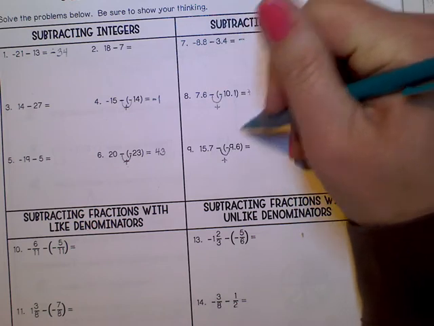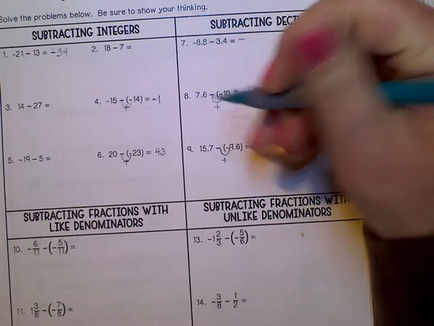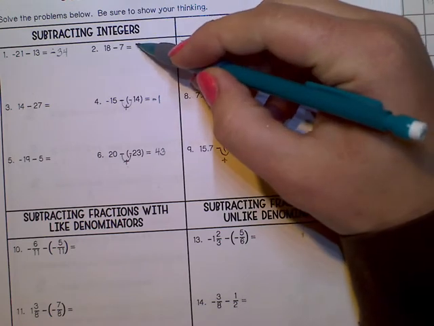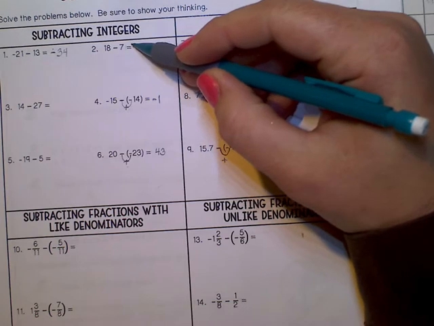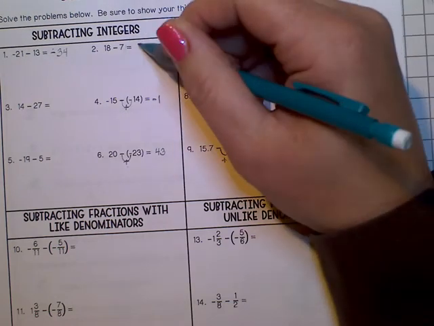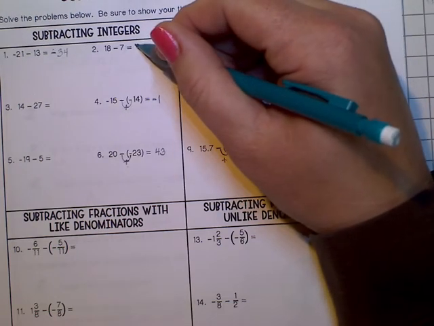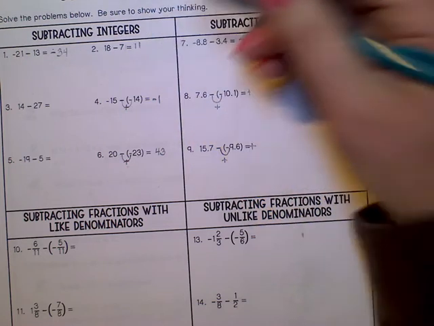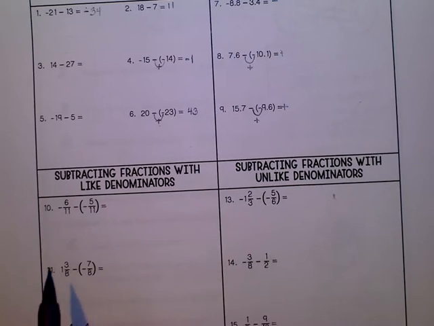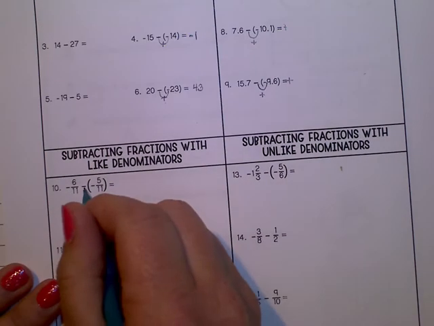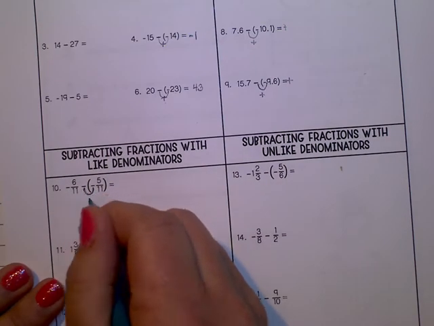Our answer should be positive. Positive. 18 minus 7. Like regular math.